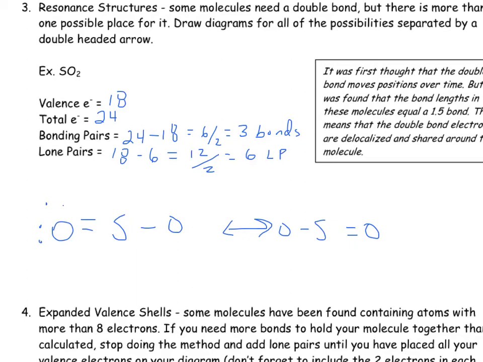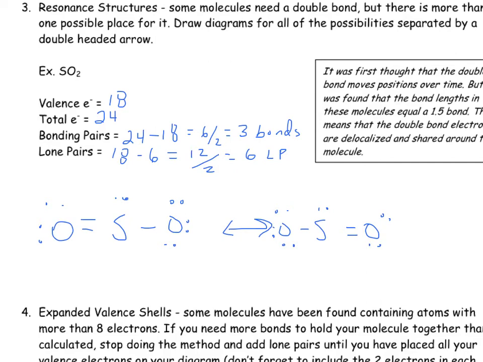The sulfur has got 2, 4, 6 electrons, so it needs a lone pair. And this oxygen here only has 2 electrons, so it will need 3 lone pairs. And that gives me 1, 2, 3, 4, 5, 6 lone pairs. And I would use the same process on this diagram to place my lone pairs. And I get 6 as well.